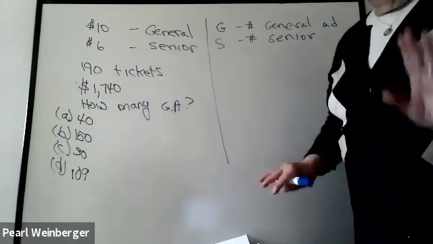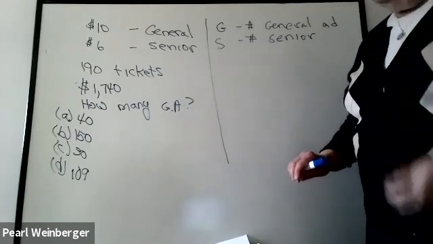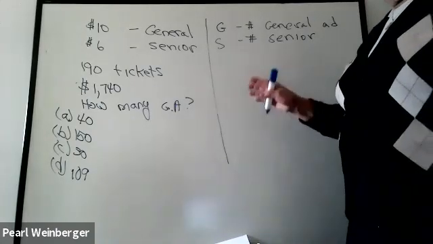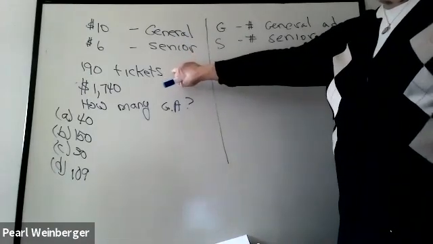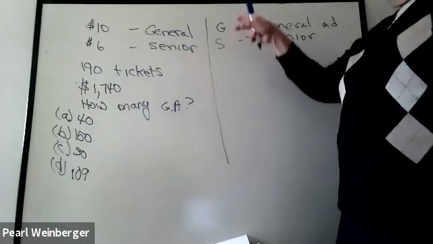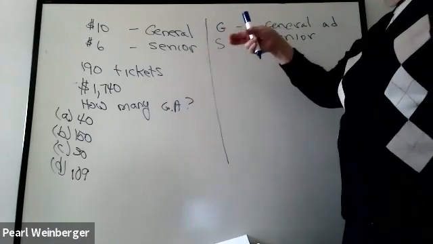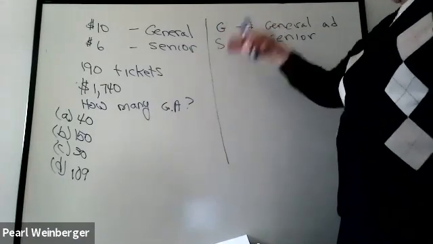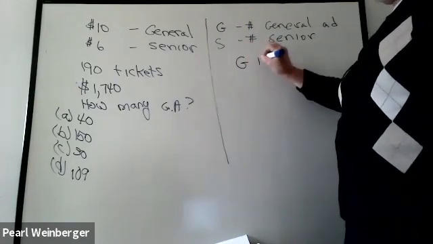Okay, we have two things we don't know. We have two variables, we need two equations. What should our first equation be? Well, the first bit of information they gave me is that 190 tickets were sold. That means the number of general admission tickets plus the senior tickets has to be equal to 190.